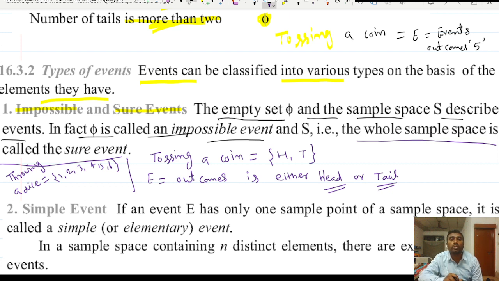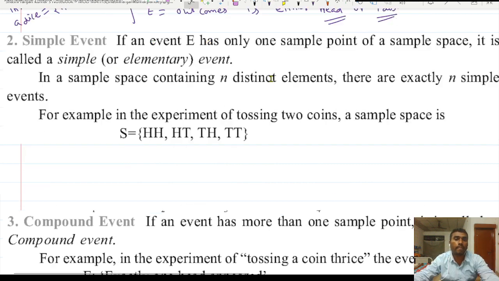All the numbers 1 to 6 are considered, which is again a sure event. In a sure event, all your sample space will be there, a simple concept. And in an impossible event, no sample point or element of the sample space is there; that is the empty subset. So hopefully impossible and sure events are clear.